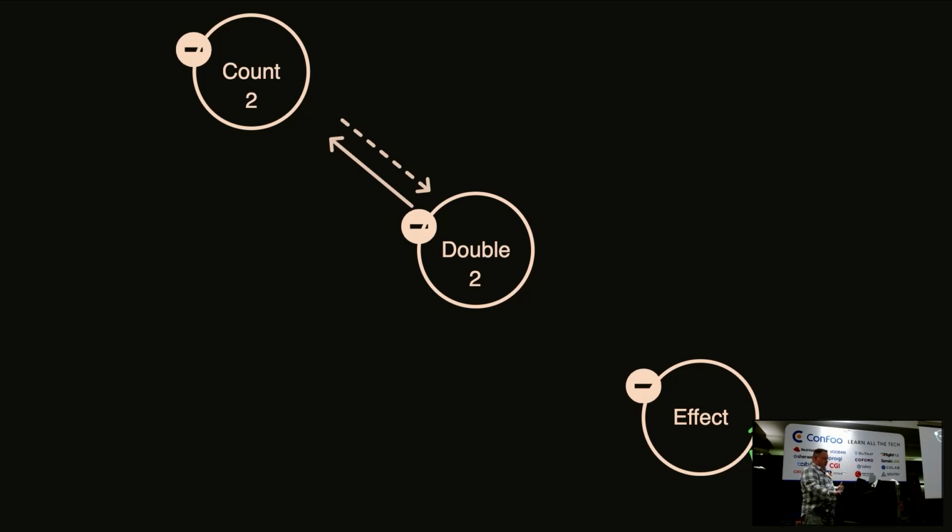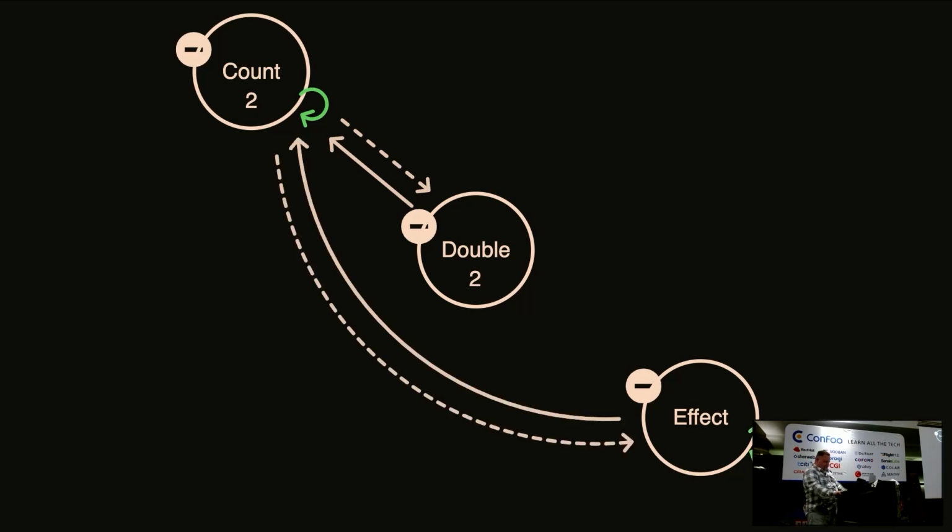Then it runs its effect again, which in turn calls read, which sets up the source and sink again. Count marks itself as clean. It then reads double. Double sets up its sink and source. Now, because double is a dirty computed signal, it starts the same way as the effect, by removing its sources and sinks, and then executes the read, which again sets back up the sources and sinks, and then it returns its value.